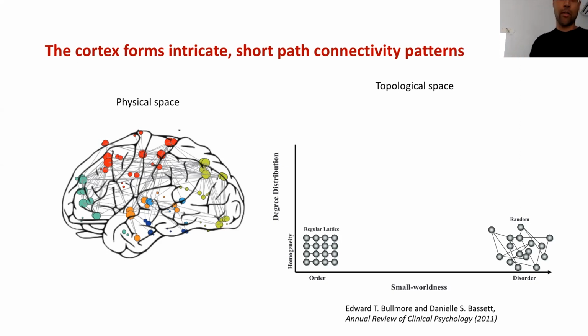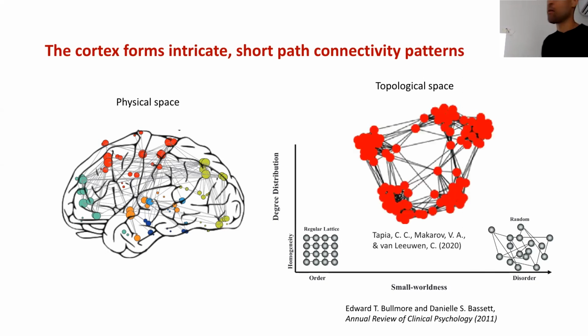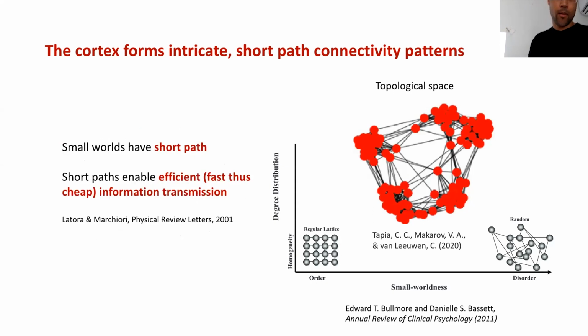It has been shown, and it's highly thought now, that the cortex has a small world kind of topology, where it's clustered like a regular lattice or fully connected network, but it still maintains short paths so that the transmission of information throughout the network is very efficient, like what we could see in a random network or a fully connected network. But it's more efficient than a fully connected network.